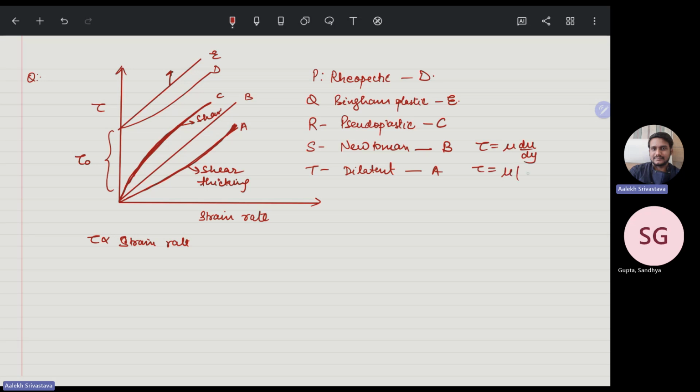For dilatant, it is some mu and du by dy raised to the power n, and n changes. In the Bingham plastic, it is tau is equal to tau 0 plus mu du by dy, and similarly for the other one it is tau 0 plus mu du by dy raised to the power n. So these are the equations of different types of fluids.